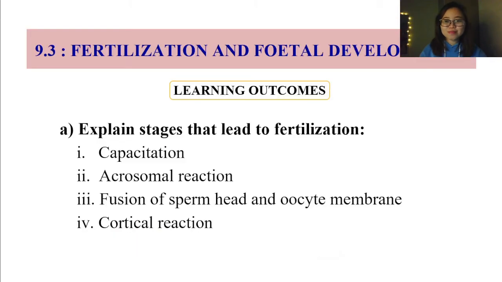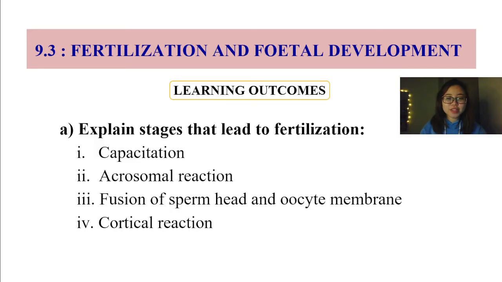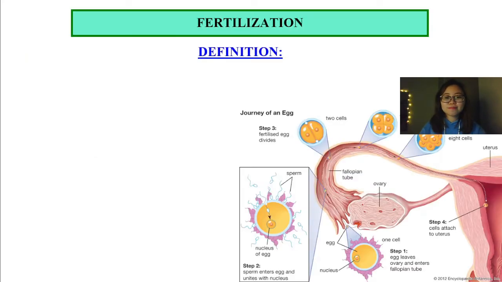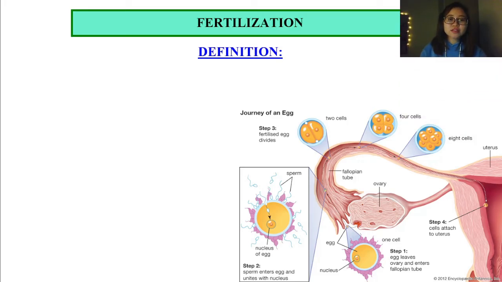Let's continue. So these are the learning outcomes that I expect from you by the end of this lesson. I hope that you would be able to explain the stages that lead to fertilization and maybe even write an essay explaining it. But before we talk about the stages of fertilization, let us first give the definition.